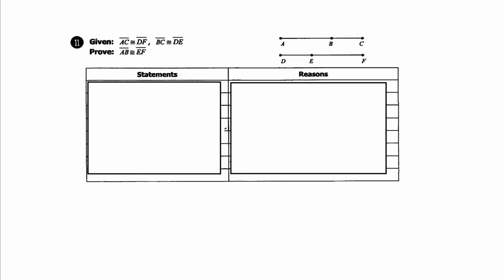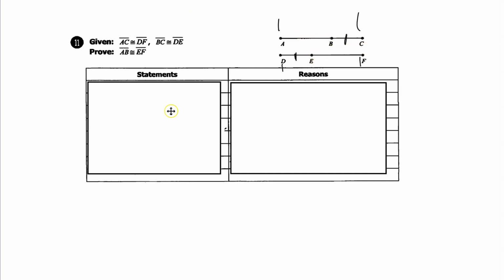All right, number 11. It says that AC, which is this whole thing, equals DF. Right? And it says that BC equals DE. We have to prove that AB equals EF.